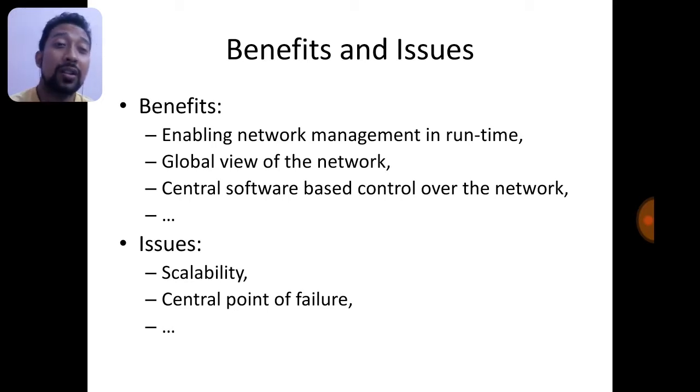So we don't need to do that kind of hard work now, and we can make the network management completely runtime. And runtime means we can control the network at runtime from the centralized controller, the SDN controller.